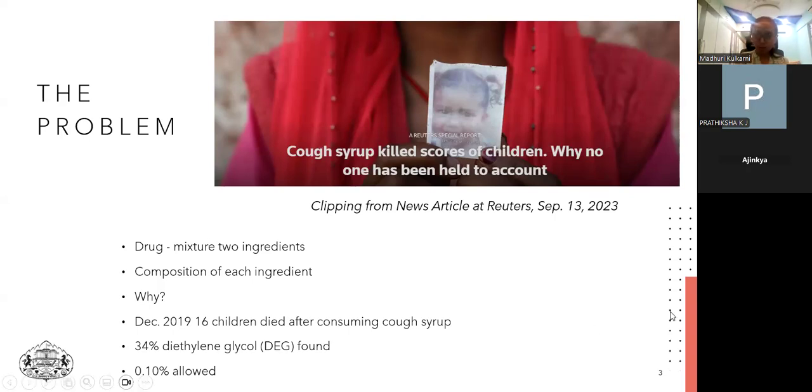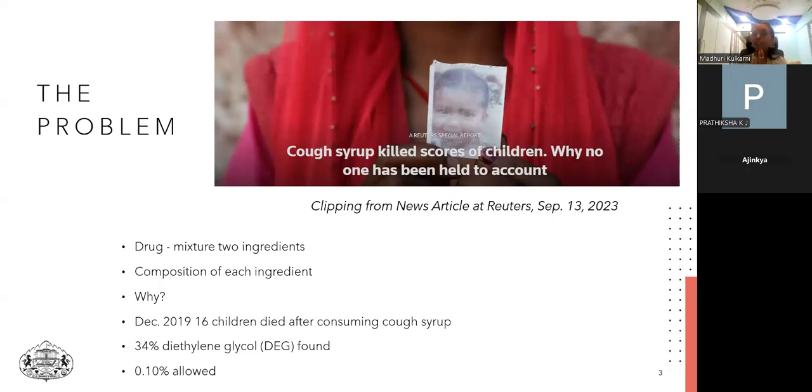Now, in the case of these 16 kids, this cough syrup had an additional surprise ingredient, which itself is a toxin, basically poison. And this ingredient was DEG. Those from a chemistry background would know this. It was found to be 34% in the cough syrup which these kids drank.